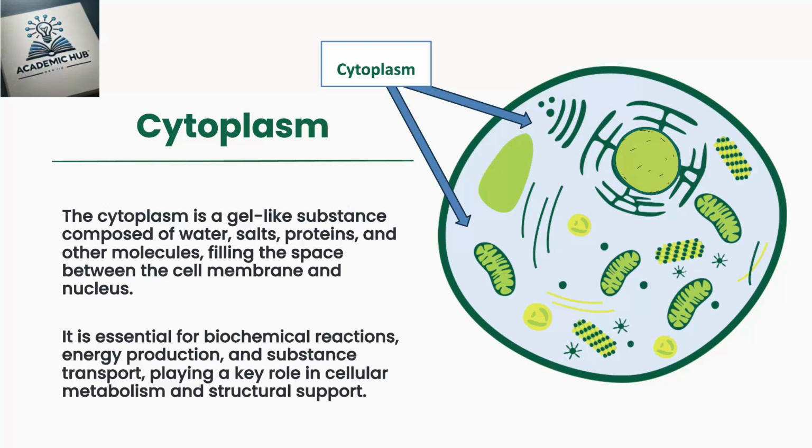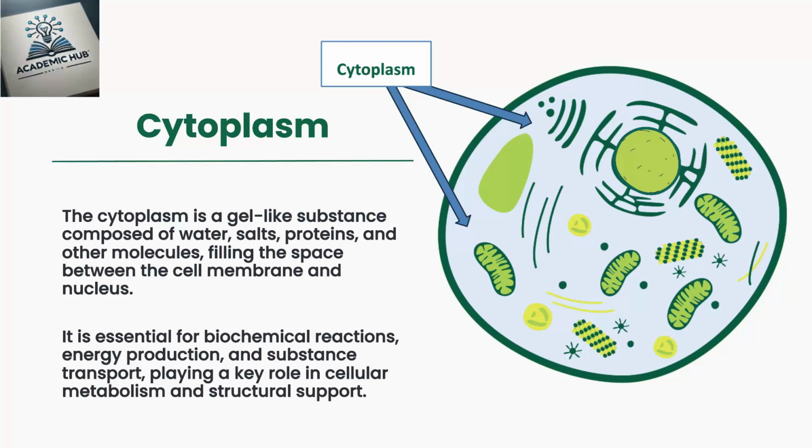Next is cytoplasmic disease and disorder. This is also an important and thought-provoking subject regarding the cytoplasm. If the cytoplasm has any type of disorder, damage or mutation can occur and lead to diseases.